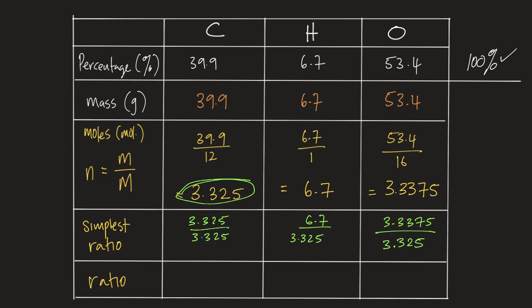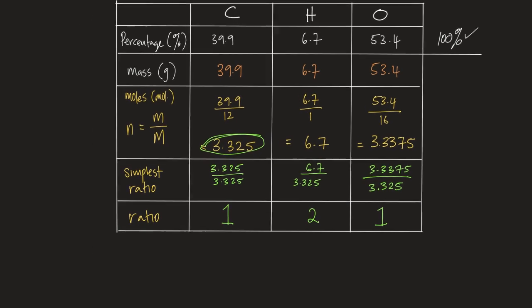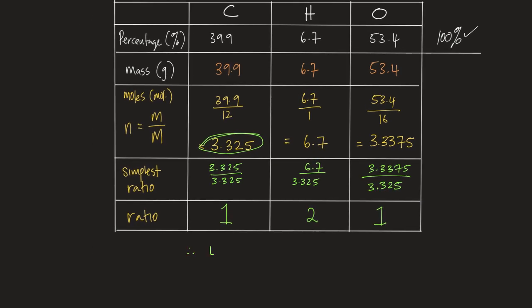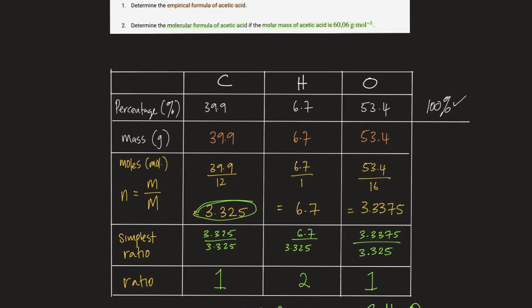And the whole number ratio you should have gotten was 1 to 1. Alright, so now we've got our empirical formula. Therefore the empirical formula is CH2O. Alright, so that answers question 1.